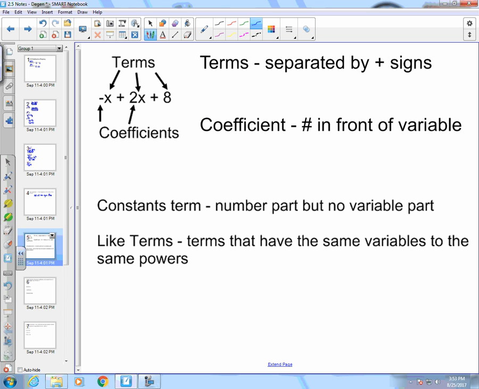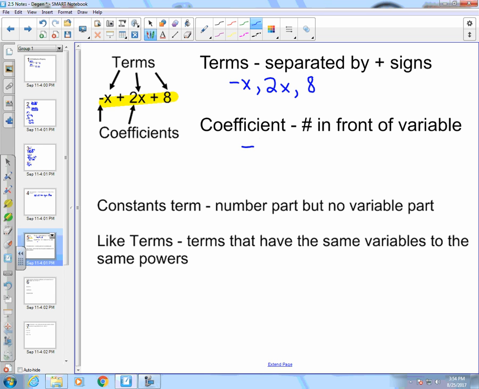A lot of information on this screen. We have an expression, negative x plus 2x plus 8. And in that expression, there are terms: negative x, 2x, and 8 are all terms. The coefficients are the numbers that are in front of the variables.